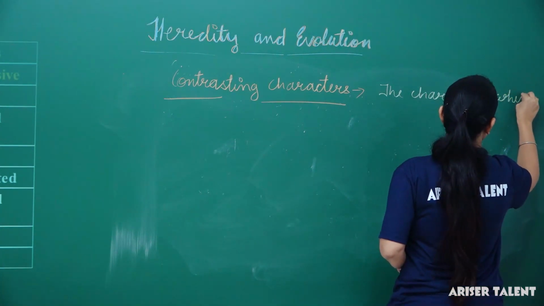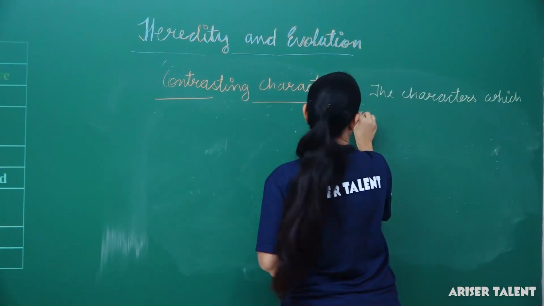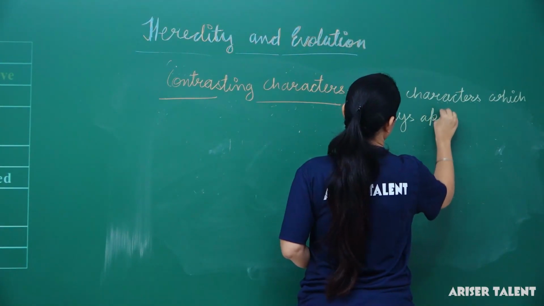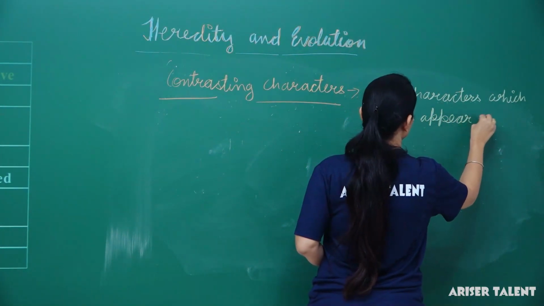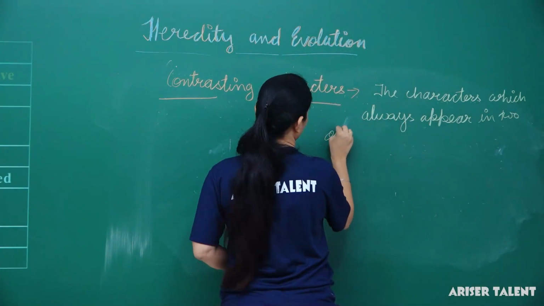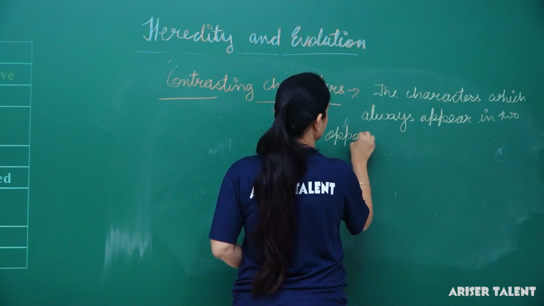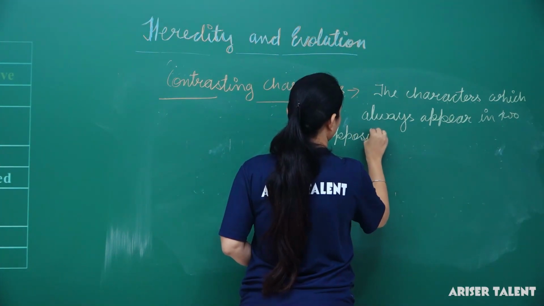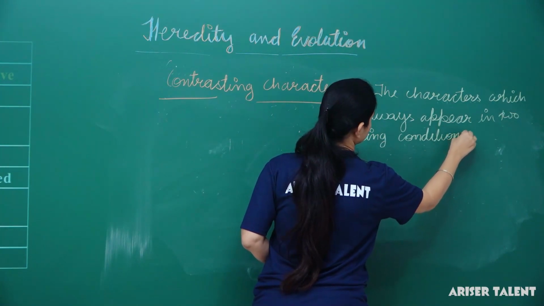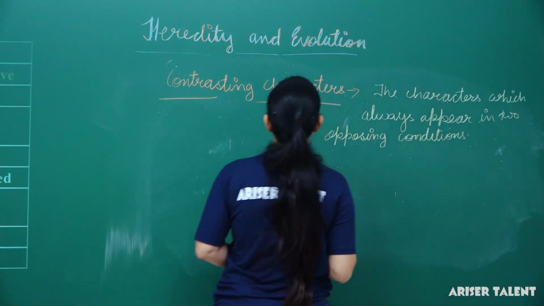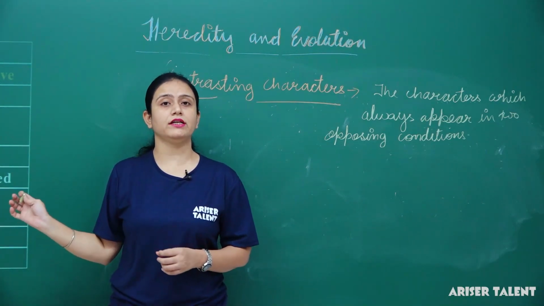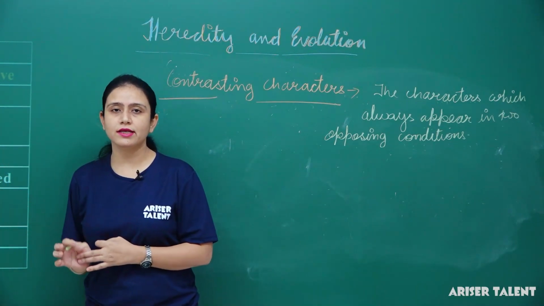So these characters are known as contrasting characters, which Mendel chose for his experiment.